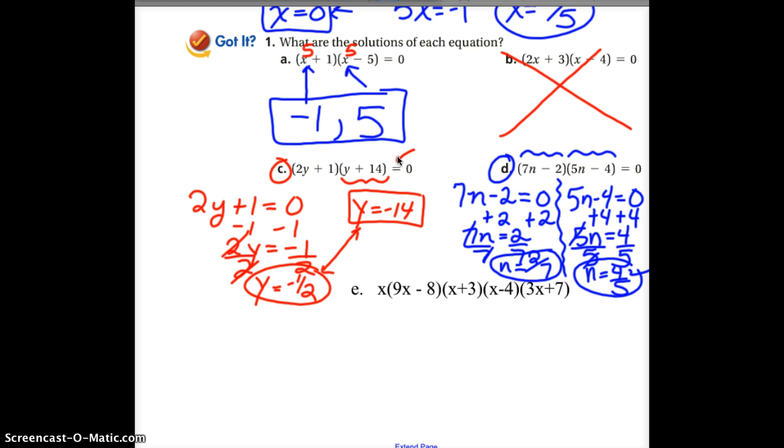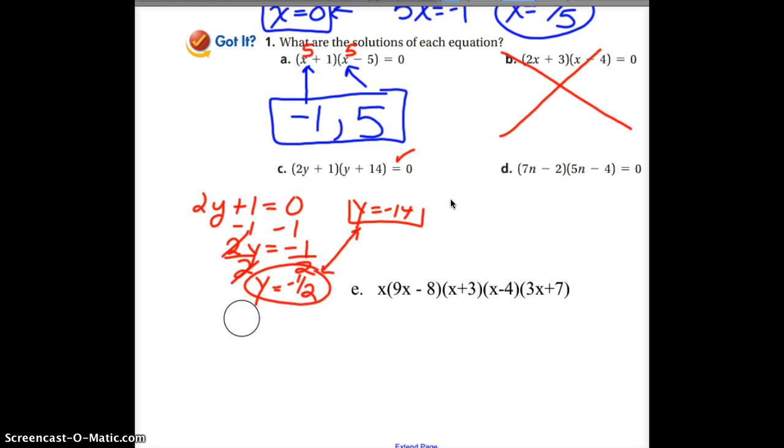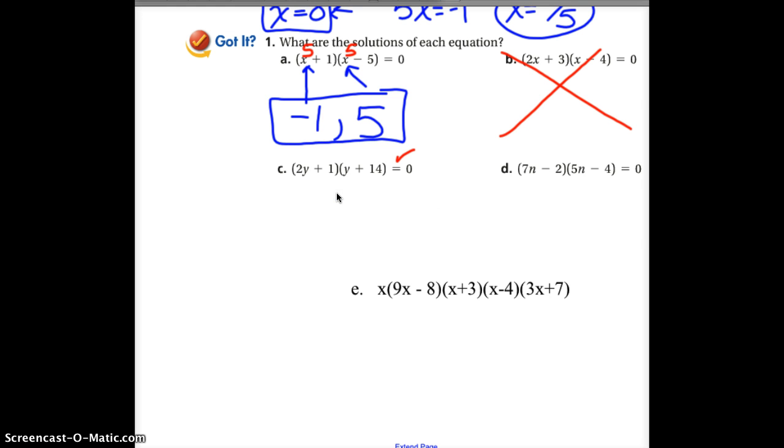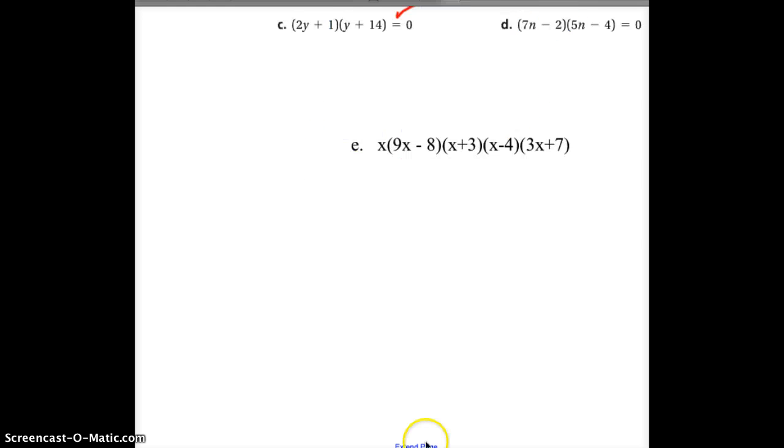Now, although we're working with quadratics in this section pretty much exclusively, this zero product property can be applied to an infinite amount of factors. And if they multiply to equal 0, what that means is one of them has to be 0.